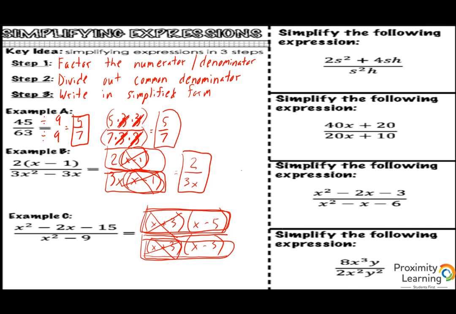X minus 5 and x minus 3, they can't cancel each other out. So we're just going to rewrite it in simplified form. Okay. So our simplified rational expression for example C is x minus 5 over x minus 3.